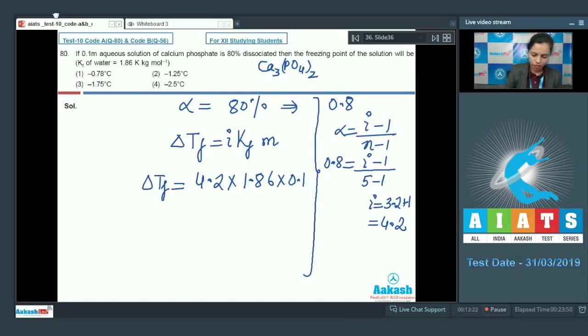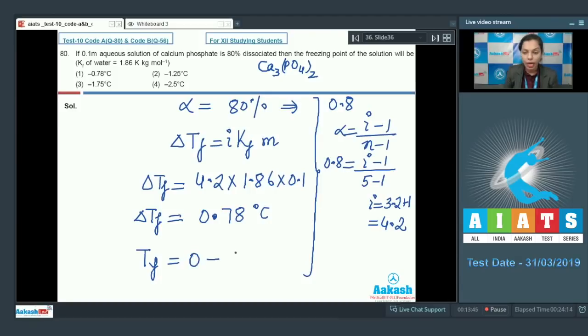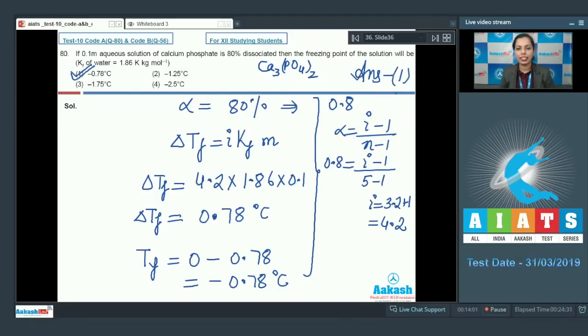If you solve this, it is equal to 0.78. This is delta Tf. Now, the freezing point of water is 0 degrees Celsius, so Tf is equal to 0 minus 0.78, that is minus 0.78 degrees Celsius. This is your final answer, and it's given here in option 1. So just choose option 1 as your correct answer.